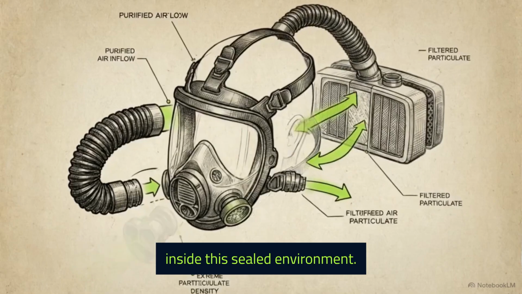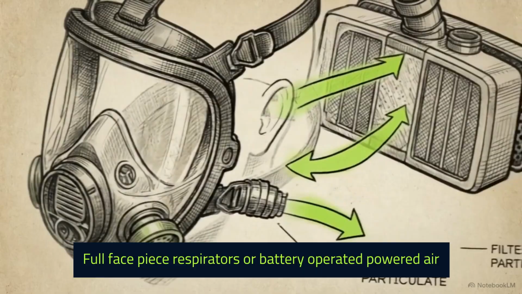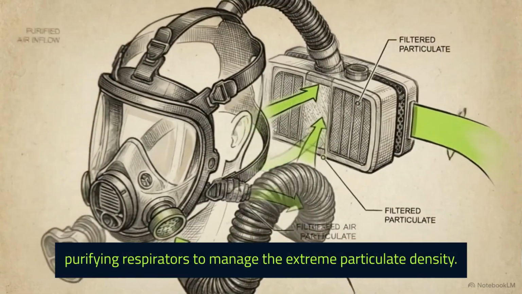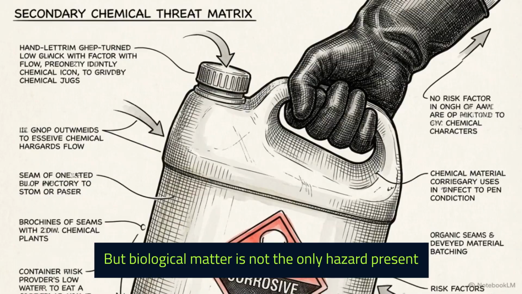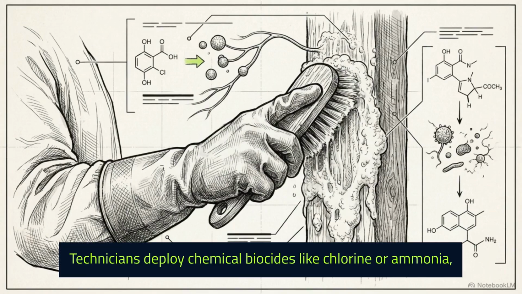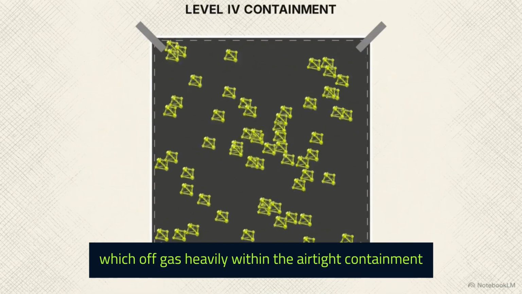Inside this sealed environment, operators require the most protective respiratory loadout, full facepiece respirators, or battery-operated powered air-purifying respirators to manage the extreme particulate density. But biological matter is not the only hazard present. To neutralize any remaining growth on structural surfaces, technicians deploy chemical biocides, like chlorine or ammonia, which off-gas heavily within the airtight containment.